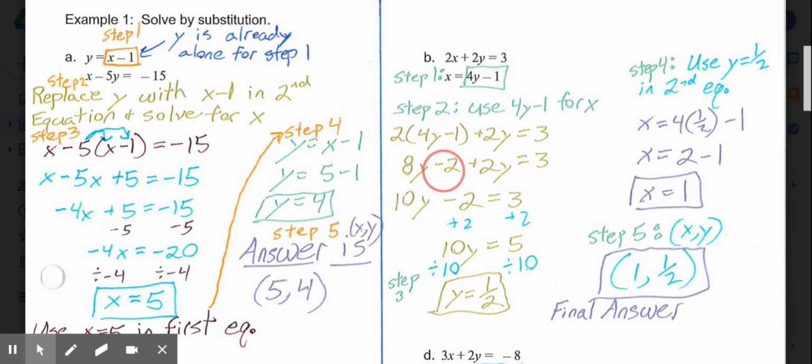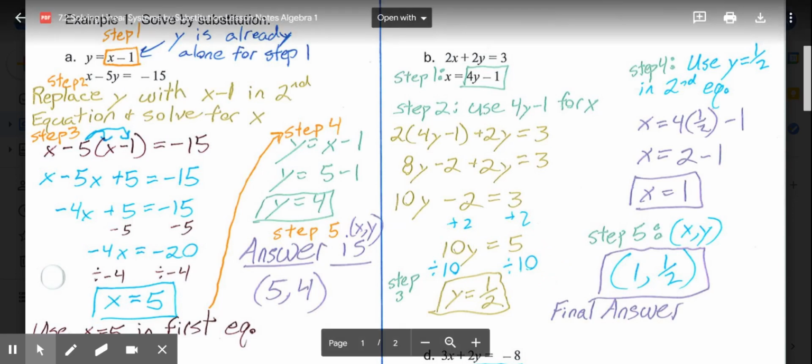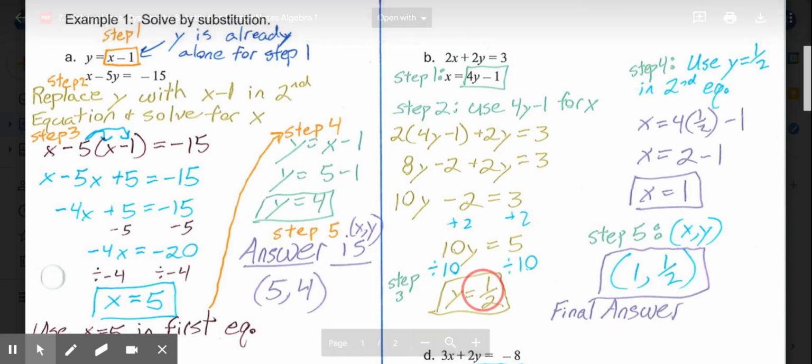So we have 8y minus 2 plus 2y equals 3. Combine our like terms, 8y plus 2y is 10y. So 10y minus 2 equals 3. Add the 2 to each side, and 10y would equal 5. Divide both sides by 10, and y equals 1/2.